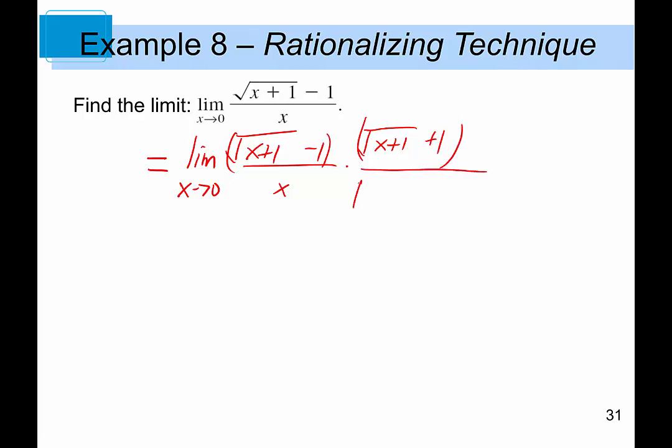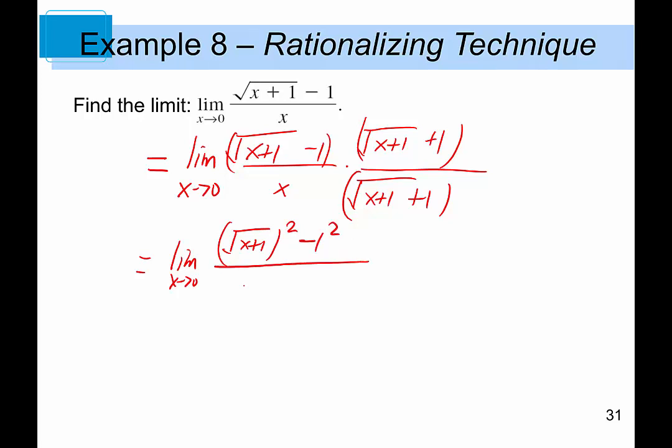And then you multiply this term to both numerator and denominator. Now for the denominator, we have a difference of two squares, and then it becomes the limit as x approaches 0, the square root of x plus 1 squared minus 1 squared. The denominator is x times the square root of x plus 1 plus 1.